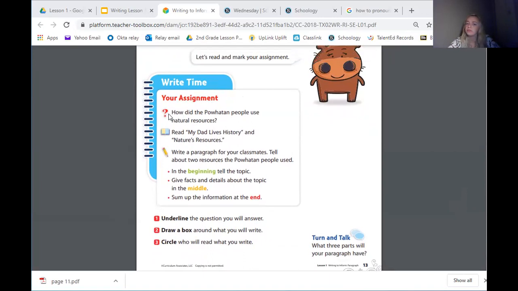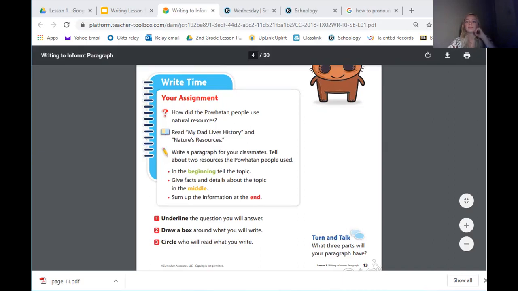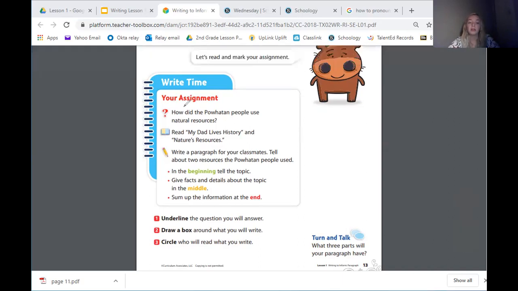Is it this one, or this one? Take a minute to think. That's right. I think that it's this one because it has a question mark and it's asking us a question. So let's go ahead and underline it in our books. It doesn't matter what color you use, by the way. Any color is fine.